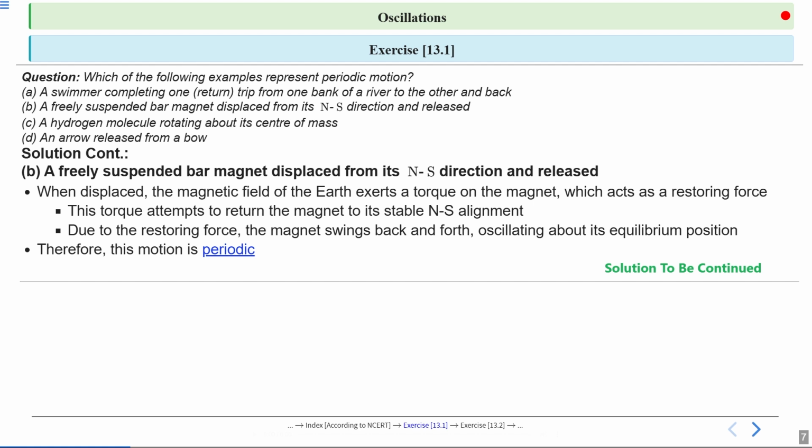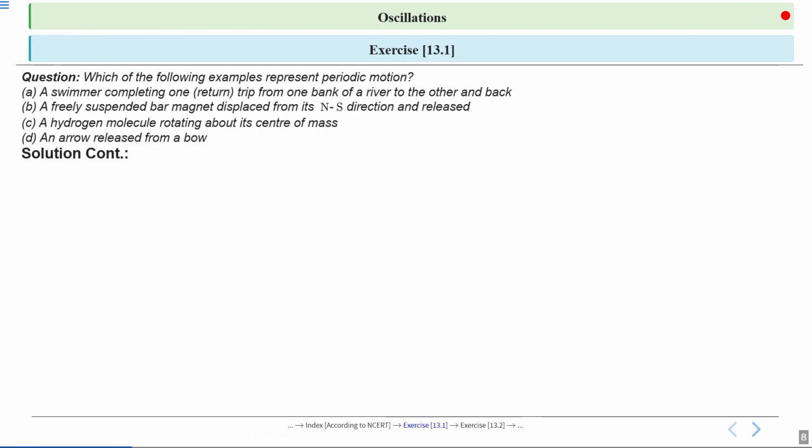Now, next part, let's focus on C. A hydrogen molecule rotating about its center of mass. This means the molecule spins around an imaginary point right in the middle of its mass.